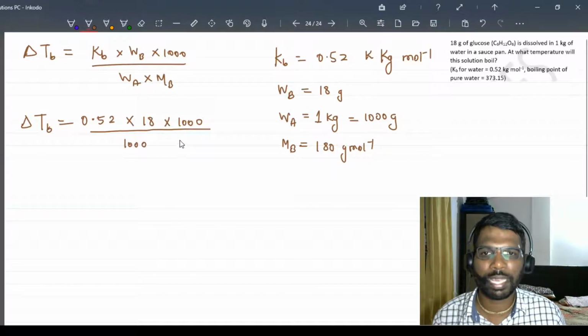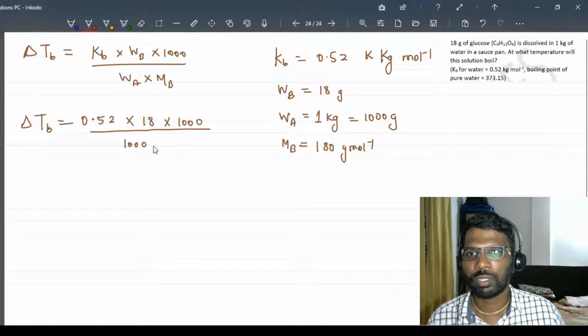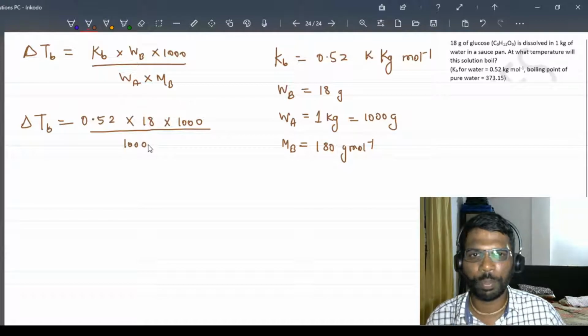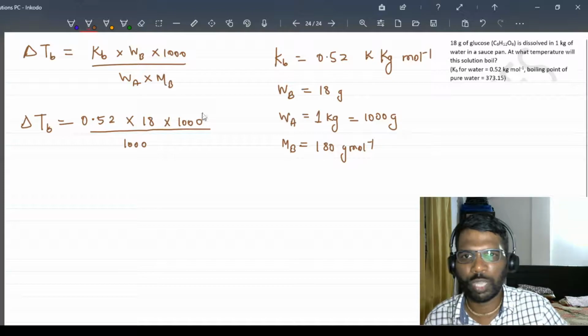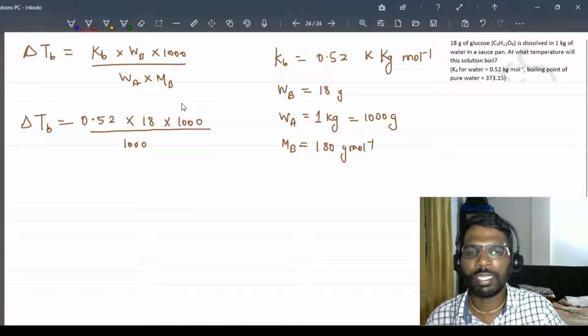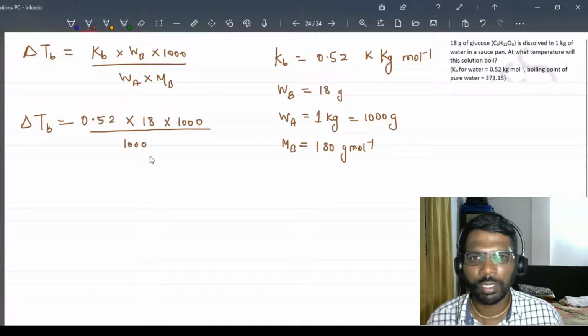That time this will cancel. Both the things will cancel in this problem. But if you are taking that itself in kg, there is no need to multiply by 1000, right? Here I have converted, that's why I have written this 1000, which makes the unit kg.